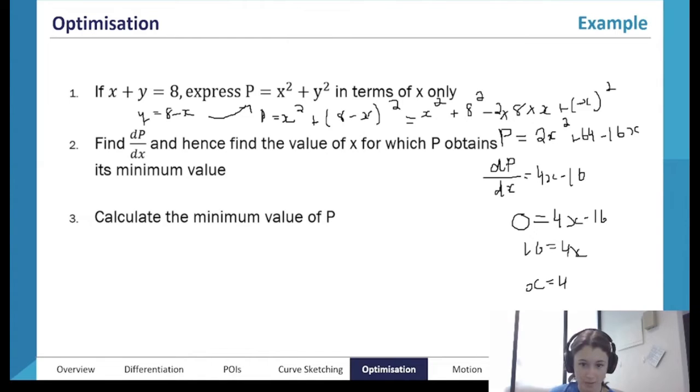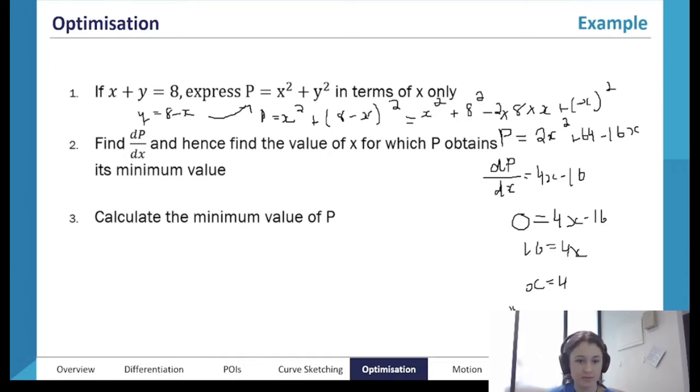So our p double dash is going to be equal to 4. So this tells us that the concavity of the whole curve is constant and that it is always concave up, which tells us that our stationary point has to be a local minimum, which is exactly what we needed to prove. That's all we needed to write to prove that it's a minimum.